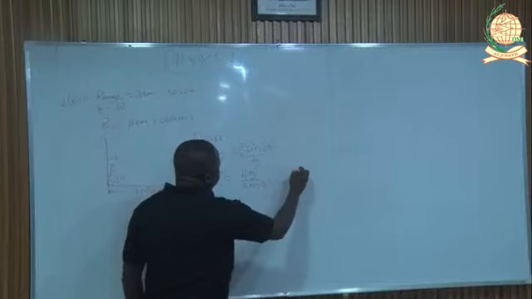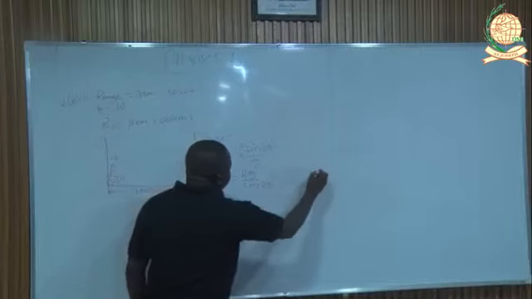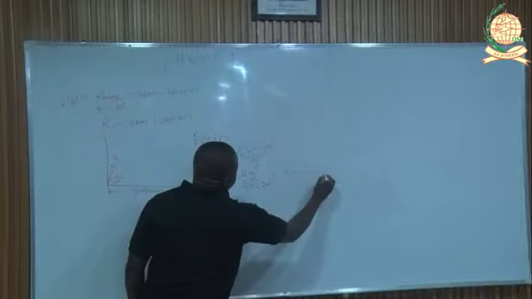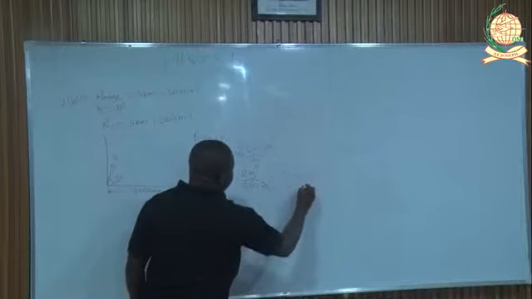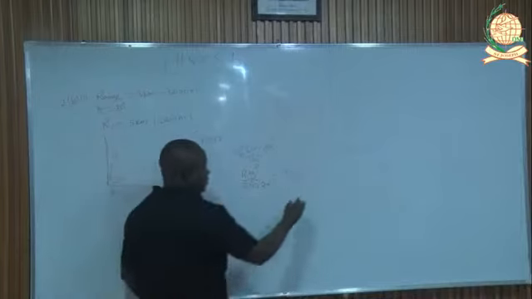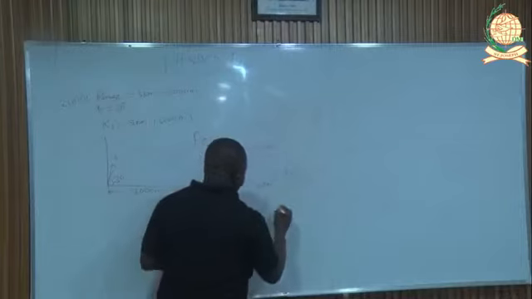R being 3,000, g 9.8, over sine of twice theta, which is 60.